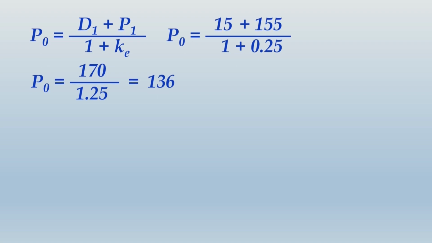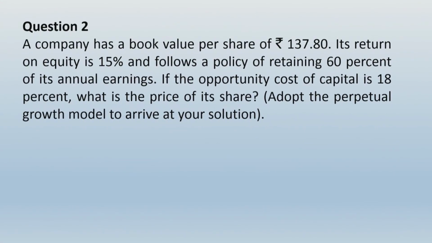Alright friends, after completing this calculation, let us move ahead and take up a better question. Question number 2. A company has a book value per share of rupees 137.80. Its return on equity is 15% and follows a policy of retaining 60% of its annual earnings.